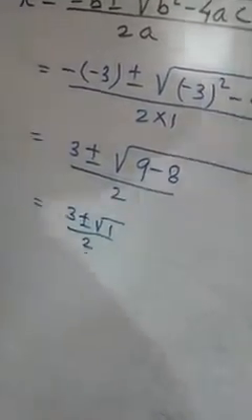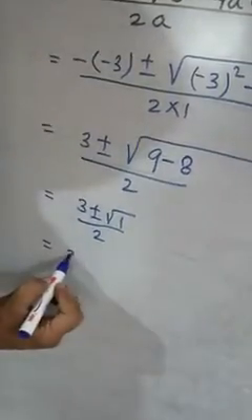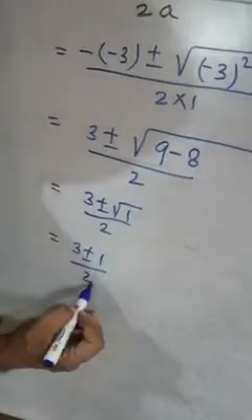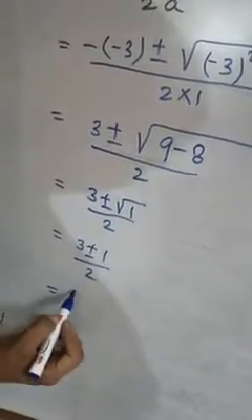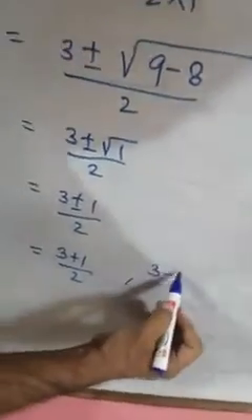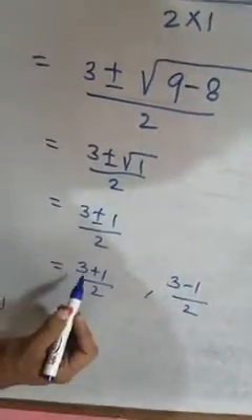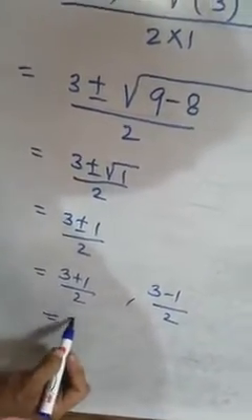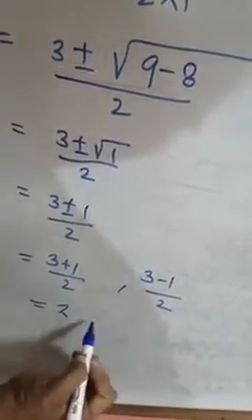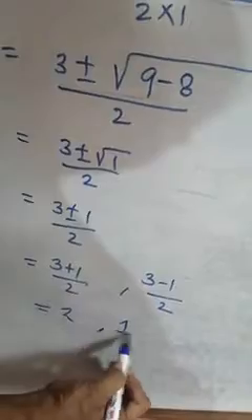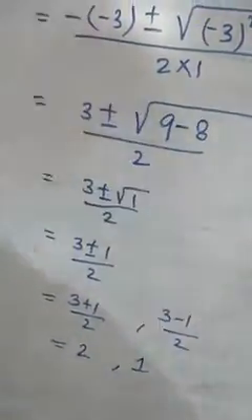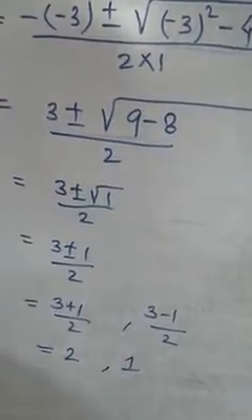Now you know the square root of 1 is only 1, so we can write here 3 plus 1 upon 2. One time we have to add, 3 plus 1 upon 2, and one time we have to subtract, 3 minus 1 upon 2. 3 plus 1, 4 upon 2, it will be 2. 3 minus 1, 2 upon 2, 1. So we got the roots 2 and 1. So 2 and 1 is the answer.